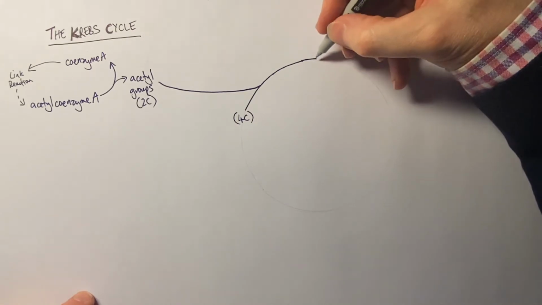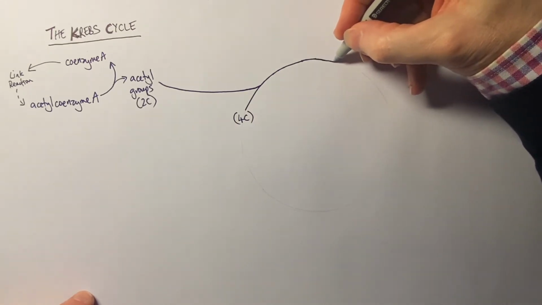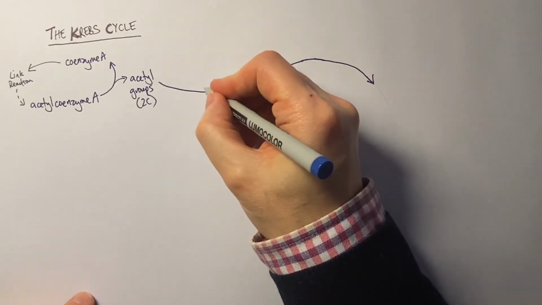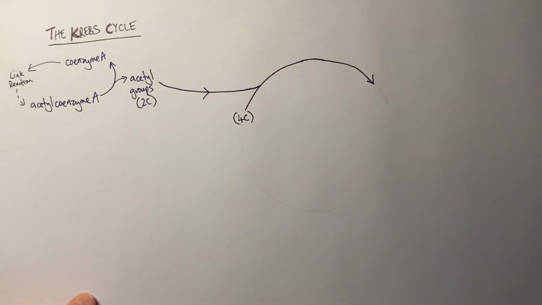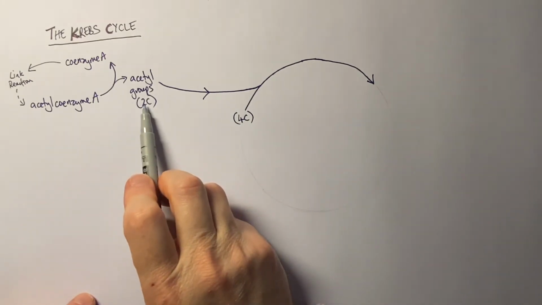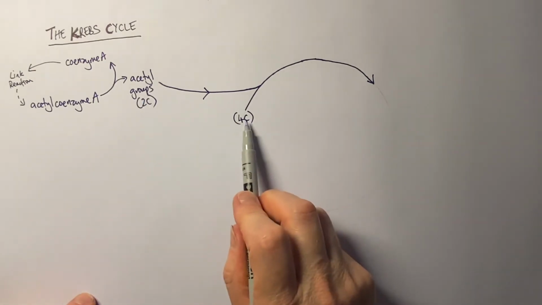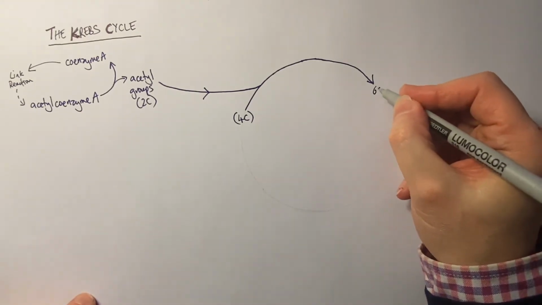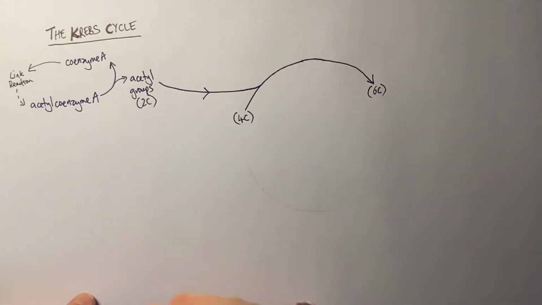And this 4-carbon compound, you do not need to know the name of. So one acetyl group will join onto a 4-carbon compound. So of course what we get formed is a 6-carbon compound. And once again, you do not need to know the name of that compound.